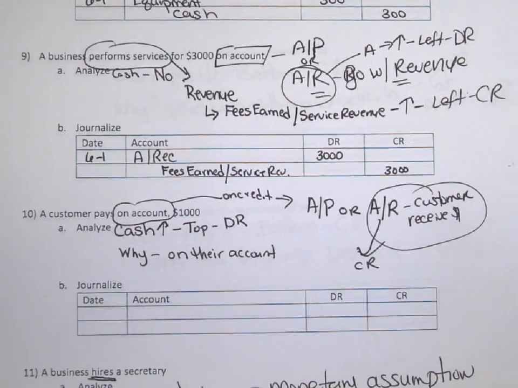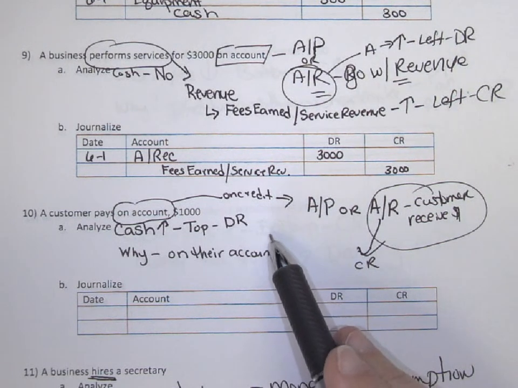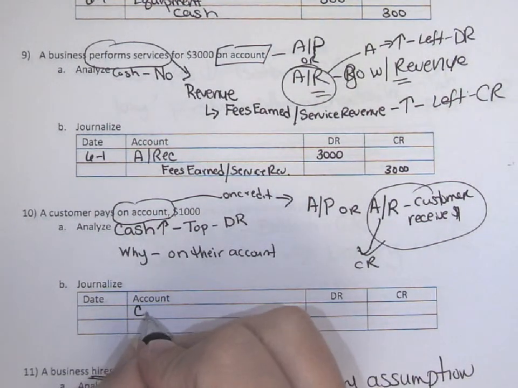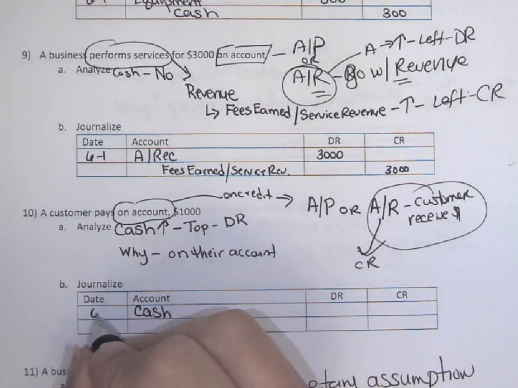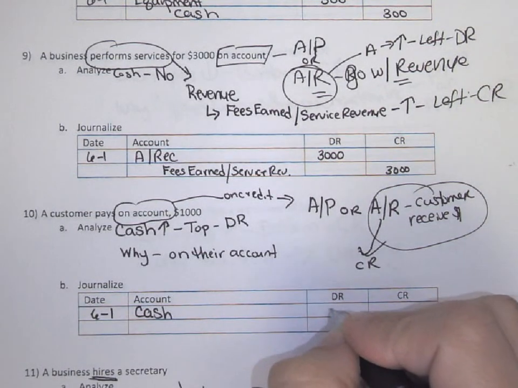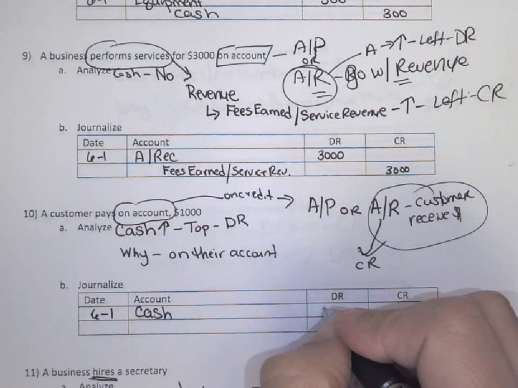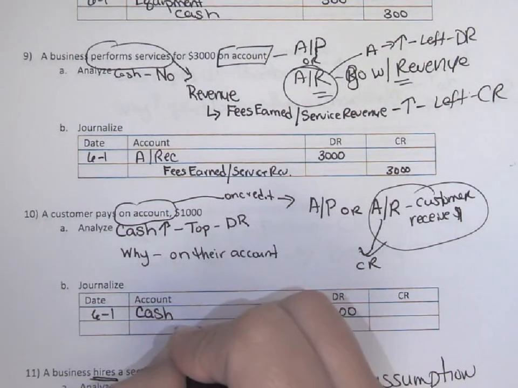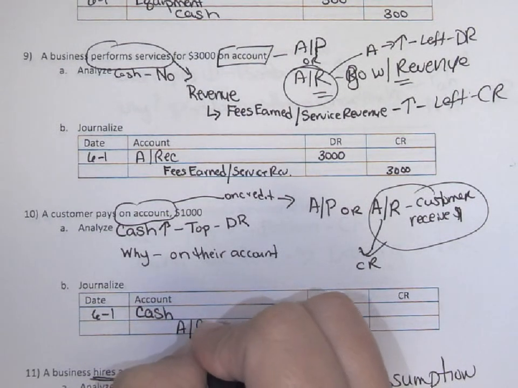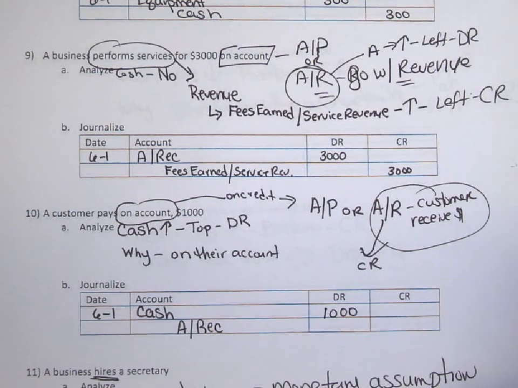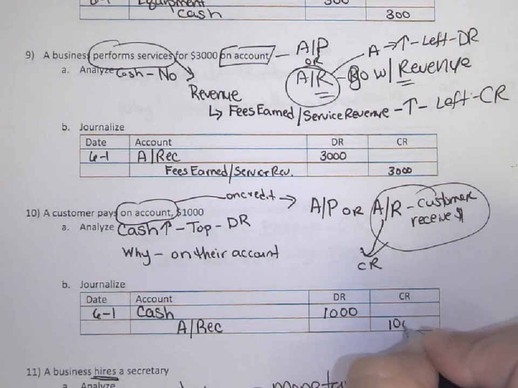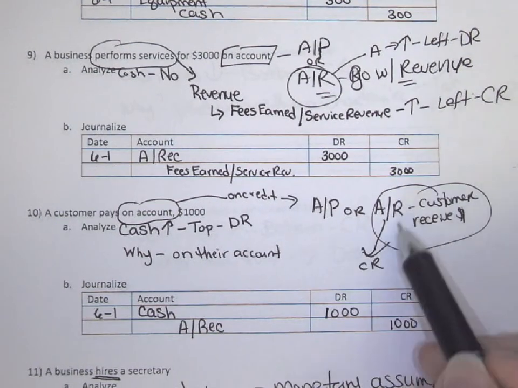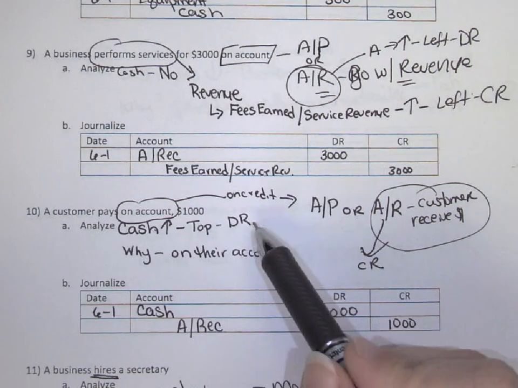Number 10, cash is our debit. So here we have cash, it'll be on 6/1, and that would be $1,000. So this particular customer is paying on their account, so it would be reducing their accounts receivable amount. And that's exactly what we said, that accounts receivable would be the credit, cash would be the debit.